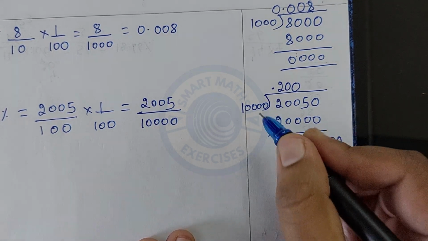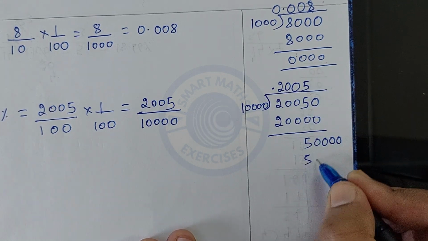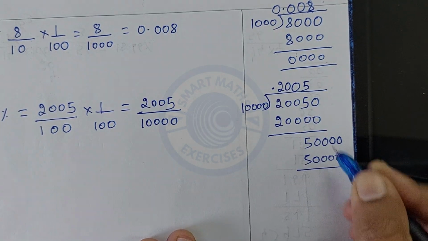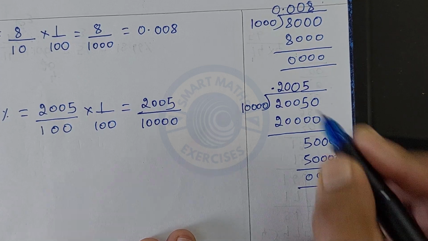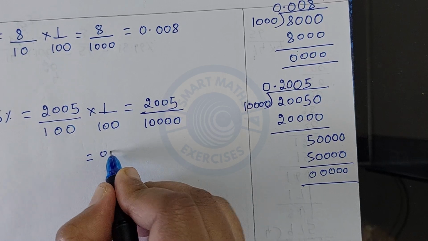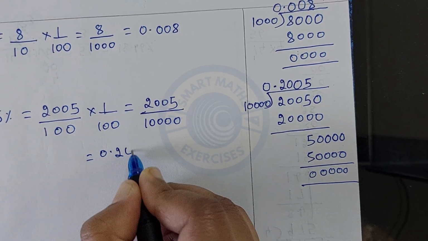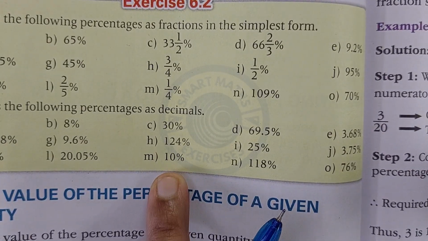Now 50,000 goes in 10,000. 10,000 fives are 50,000. 50,000 minus 50,000 is 0. So answer is 0.2005.